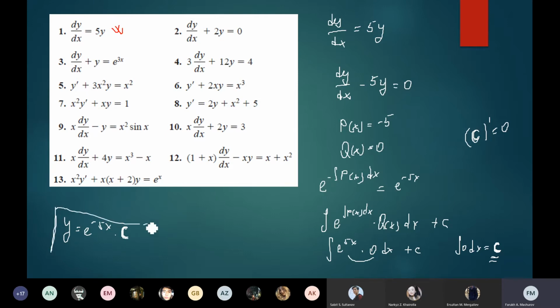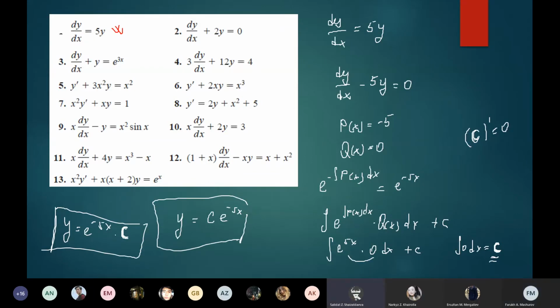So the solution of this differential equation is y equals e to the power minus 5x, or you can write it in this way, y equals C e to the power minus 5x. That's all. This is the solution of this differential equation.